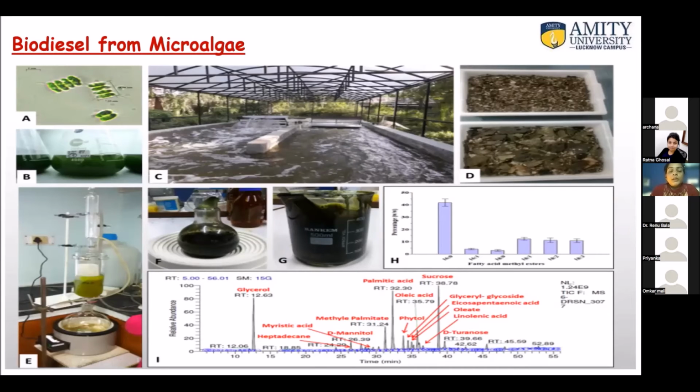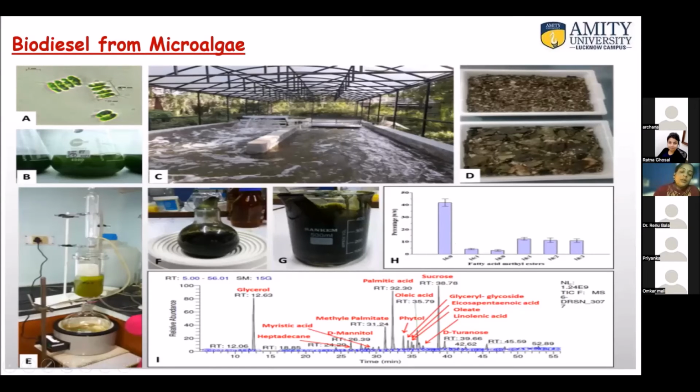We have grown the algae in the raceway pond with the sewage, and then we harvested the biomass. Then we extracted the lipid and esterified it to produce biodiesel. After transesterification, we get the biodiesel, and after gas chromatographic analysis, we found that it is mostly predominant with C16 and C18 fatty acids.